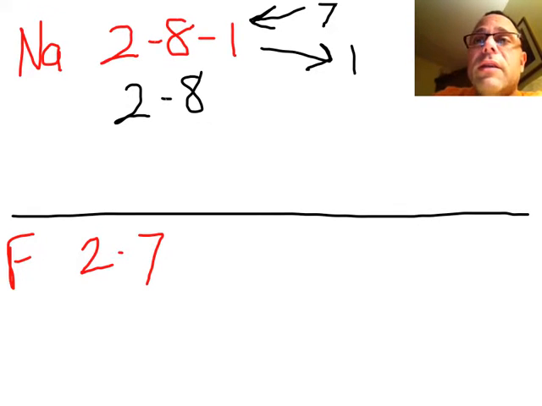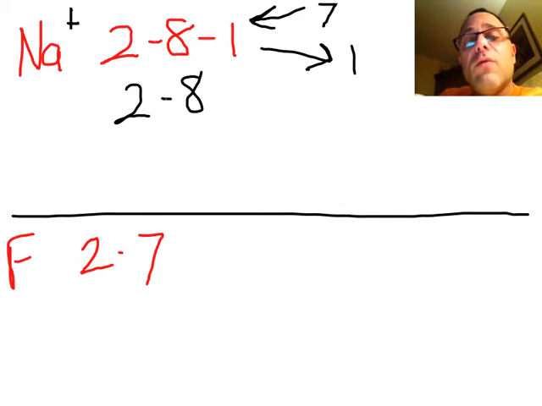Sodium would also then take on a positive charge, positive 1, because there are more protons than electrons. But the real story here is this. Sodium does not want its outermost electron. So according to electronegativity and affinity for electrons, it has a very low one. It wants to get rid of its outermost electron, so it has a low electronegativity.